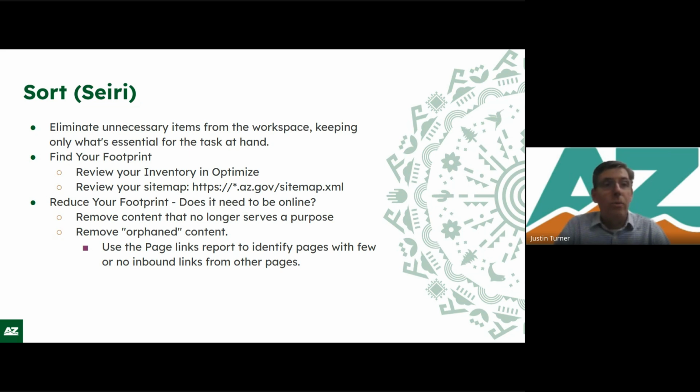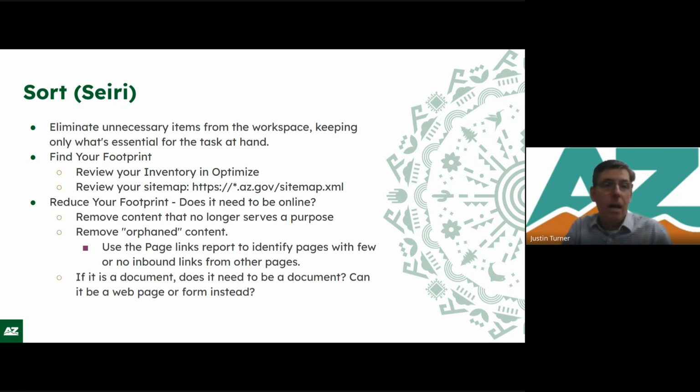So we recommend, as part of SORT, that you review your inventories, compare your site inventory to your site map, look at pages that you can get rid of first, and eliminate all the unnecessary items. And in alignment with that, if it's a document, ask yourself the same question.